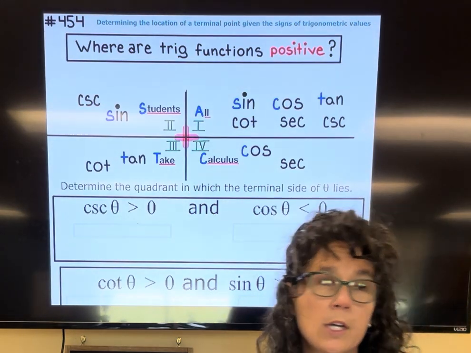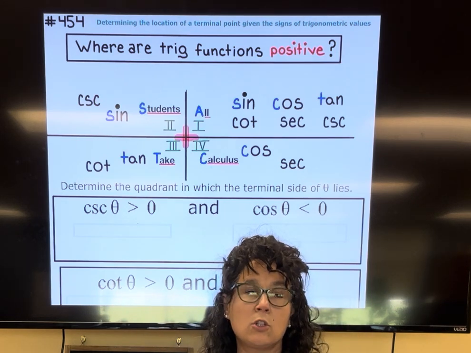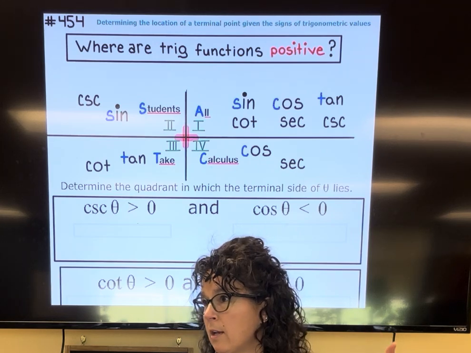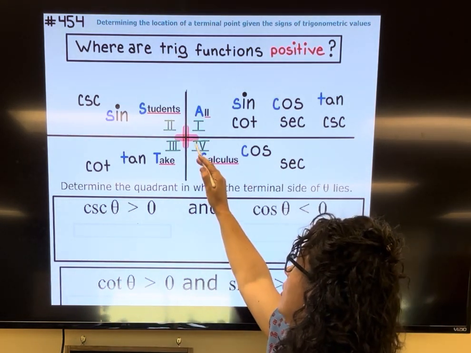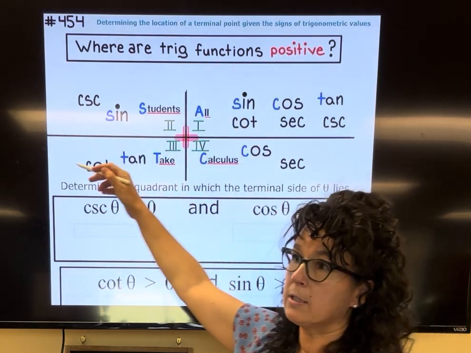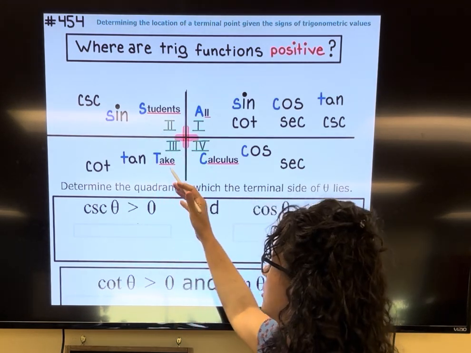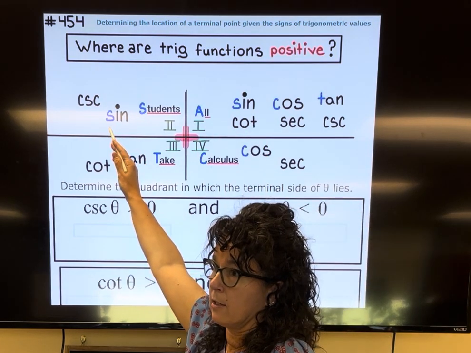This is a big shortcut, because if you were to look at a unit circle, like if you know that the answer of sine of an angle is the y-coordinate, think about where are your y-coordinates positive. Well, they'd be positive in quadrant 1 because you go right up. They'd be positive in quadrant 2 because left up. So no surprise, sine is positive in quadrants 1 and 2.